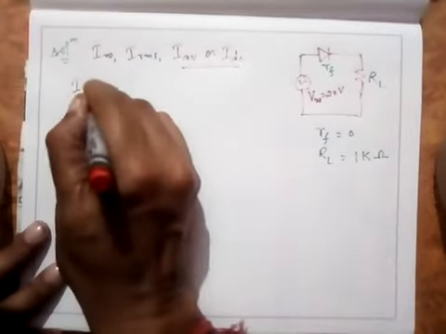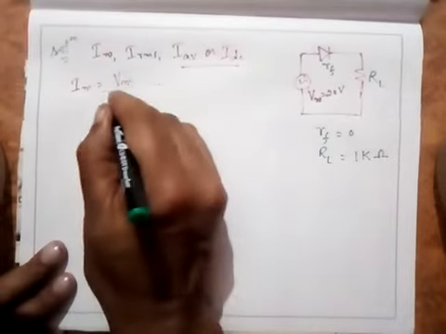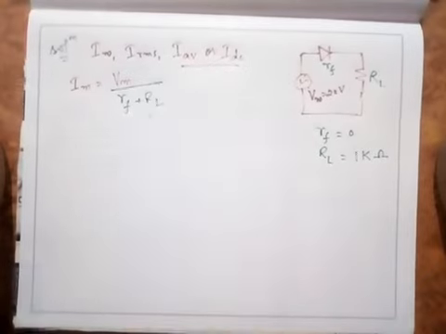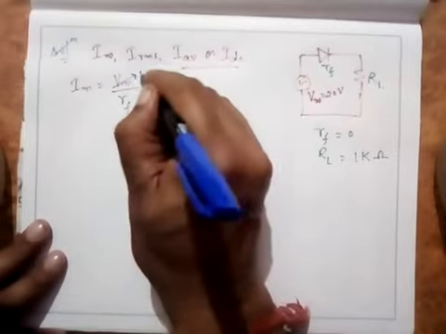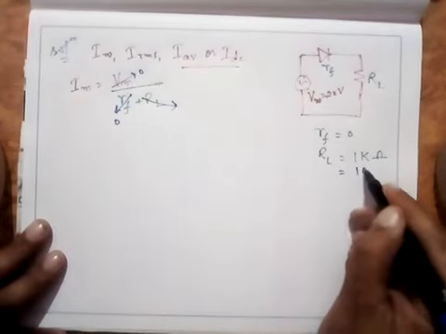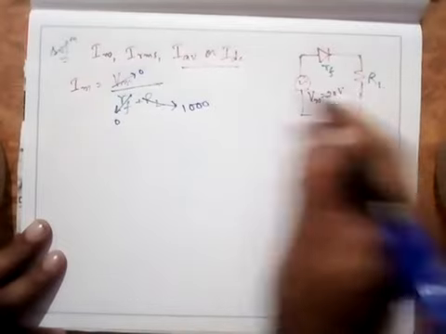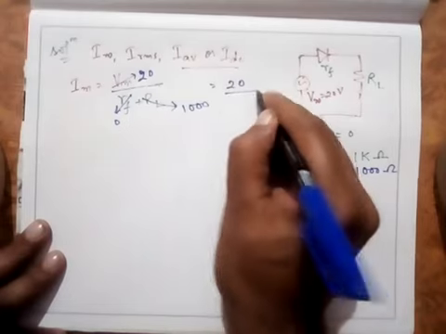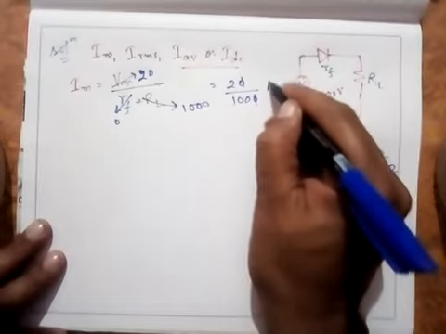Im is equal to Vm upon RF plus RL. It is so simple. This Vm is given to you as 20. This RF is 0, and this RL is 1 kilo ohm, that is, 1000 ohm. So it will be 20 upon 1000, that is 0.02 divided by 10, giving 0.02 ampere.